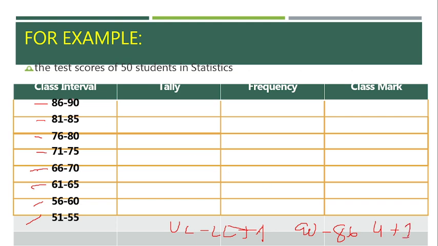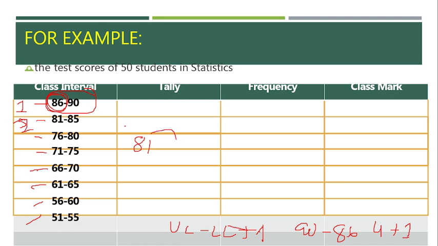Okay? We have 5. And if you will notice, the interval between the numbers from your first row to your second row is 5. Correct? Because from your 81, you have 5 values to get to 86.